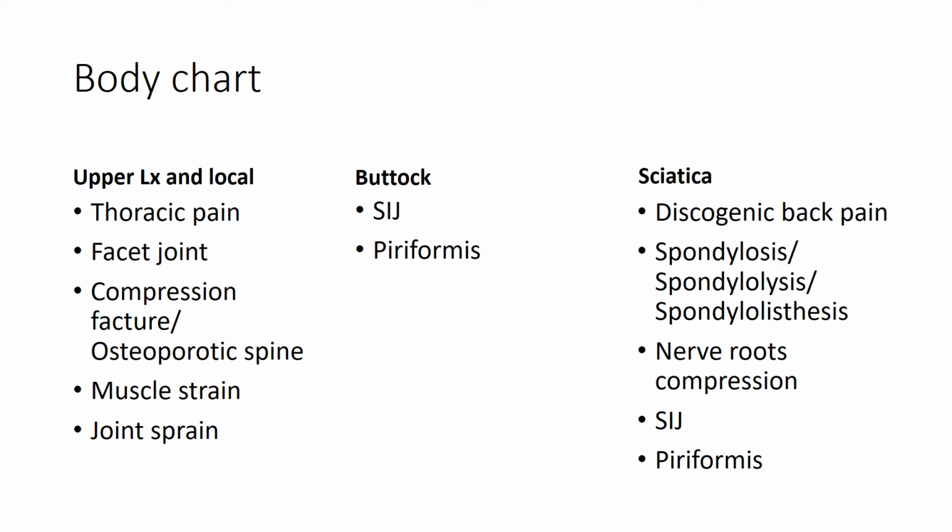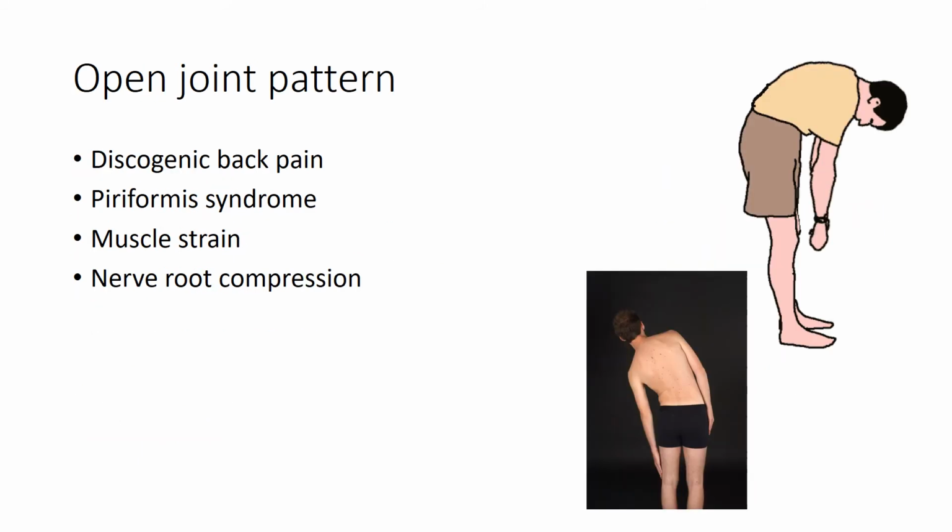Referral pain down to the leg can be discogenic pain. And why I always put spondylosis and spondylolisthesis together is because I think they are an instability problem. The presentation and the management are more or less the same, so I put them together, which is easier to manage. And nerve root compression. Don't forget SI joint and piriformis; they also have referral pain.